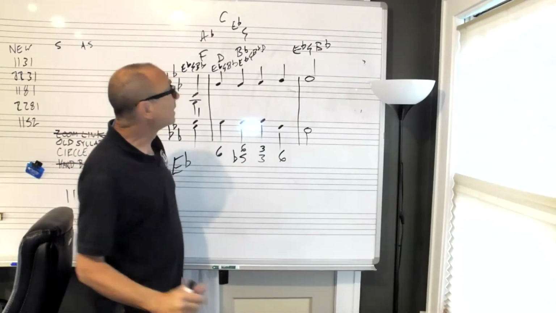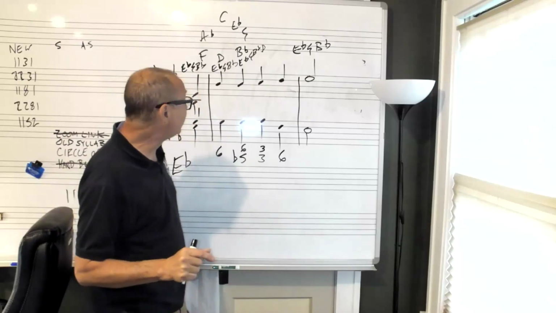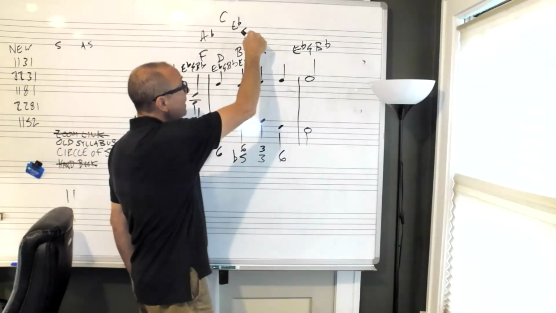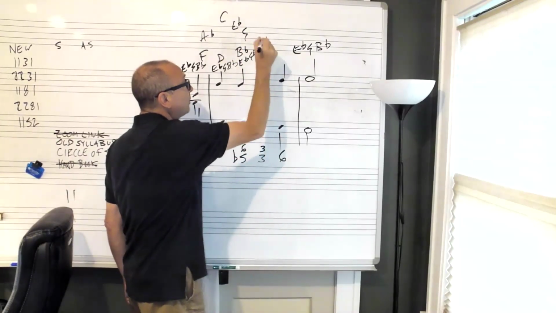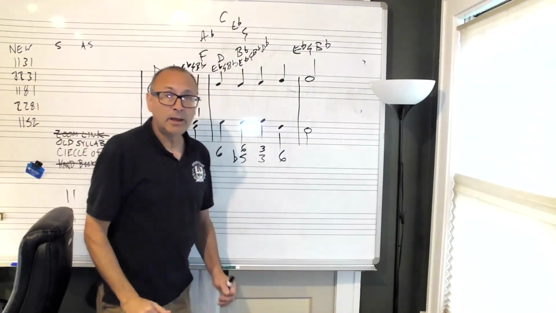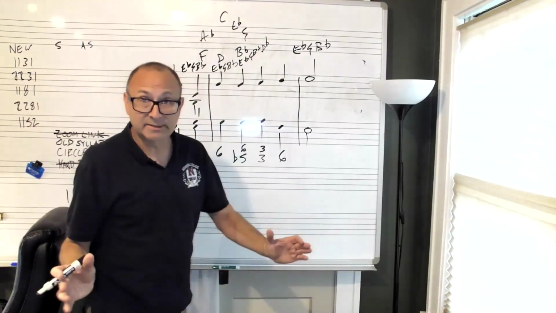An easier way to understand that is this usually means the dominant 7th chord. When we look at the 5th above the bass, which is G, that's D, so we're going to put a flat on it.